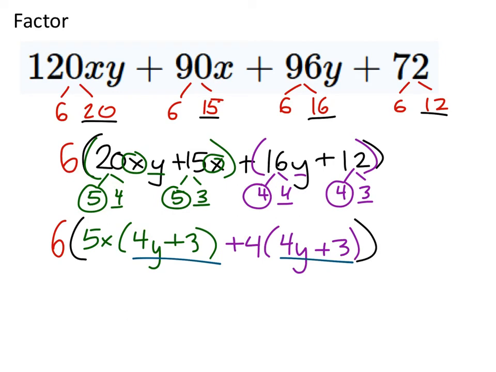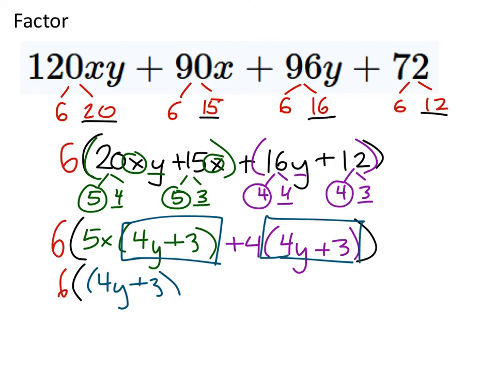So that 6 that's outside, we're going to leave that alone, because if I decide to distribute that back into it, I'm going to have to factor it out eventually anyways. So I still got that 6 in front, but from these 2 terms, I can factor out the 4y plus 3 from both of those. And then outside of that, I've got the 5x and the 4 in this set of parentheses.